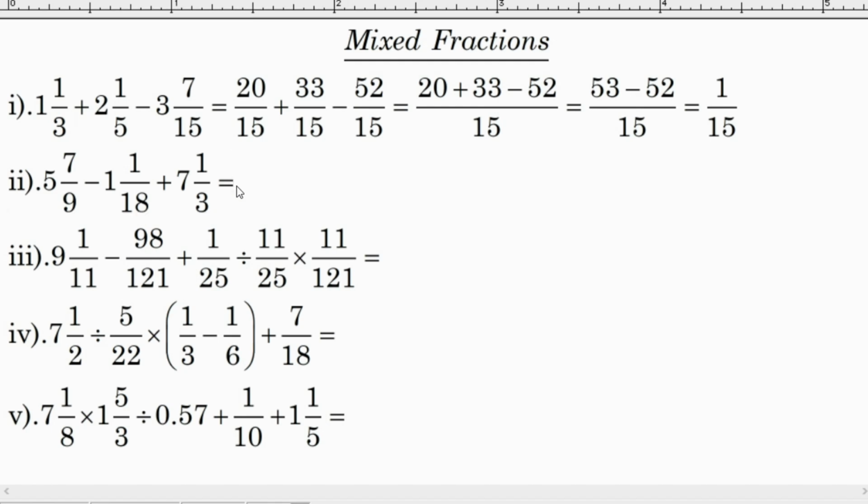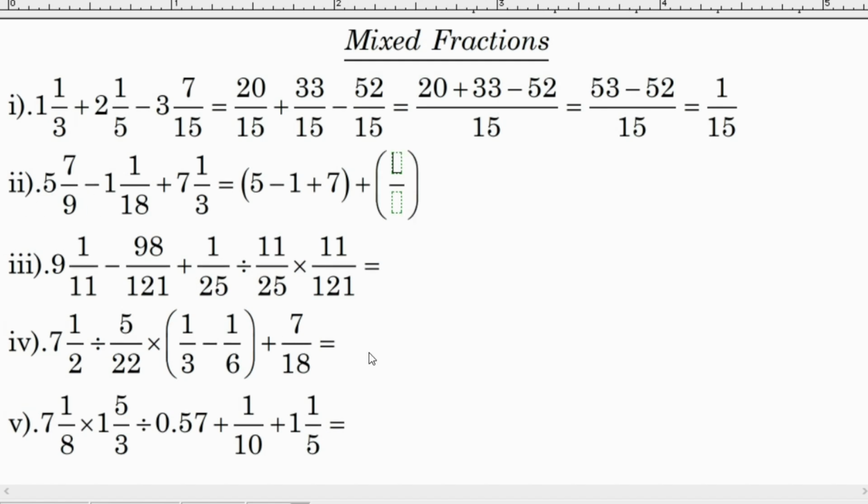We take the whole numbers, then minus the whole numbers and then plus the whole numbers. So here we have 5 minus 1 plus 7, and then plus 7/9, and then minus 1/18, and then plus 1 1/3.